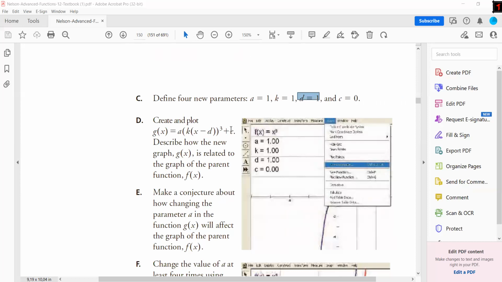Moving back to our Nielsen textbook, let's see what they suggest here.